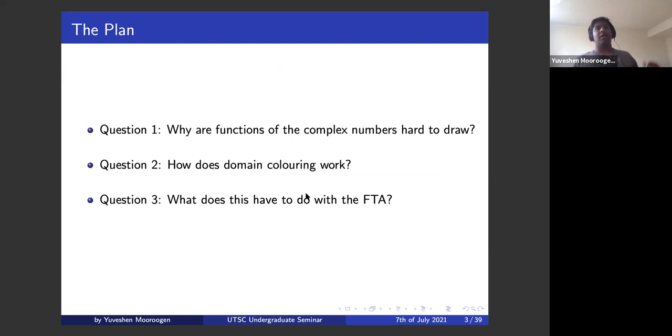So I'll just say this again. Here's the plan for the talk. Basically, the talk is going to be split into 3 parts, and each of the parts is going to deal with one of the questions I have here. In part 1, I'm going to tell you about why functions of the complex numbers are difficult to draw. And this is going to be very familiar stuff, I hope, for everyone, because all you really need is a little bit of linear algebra, and you need to know what the definition of the graph of a function is.